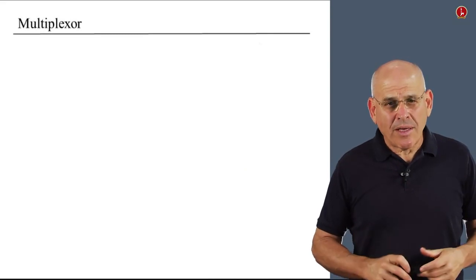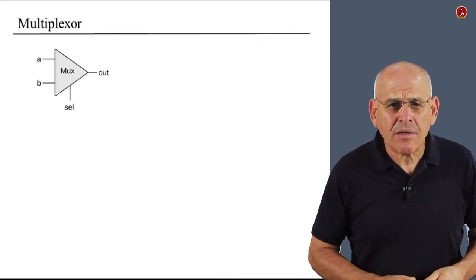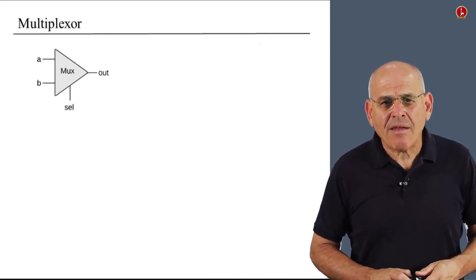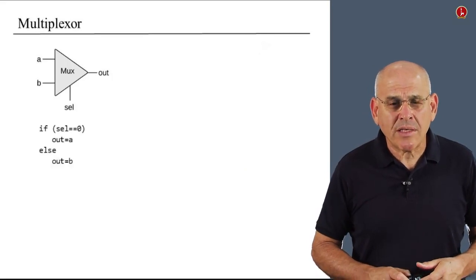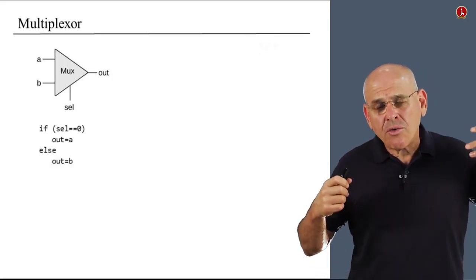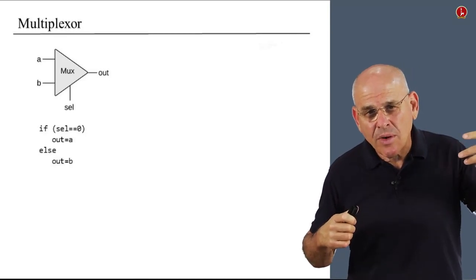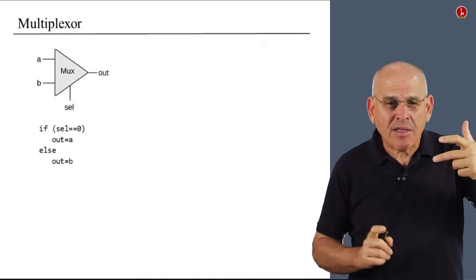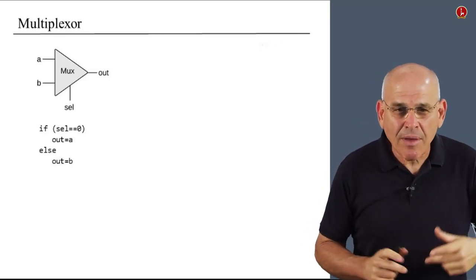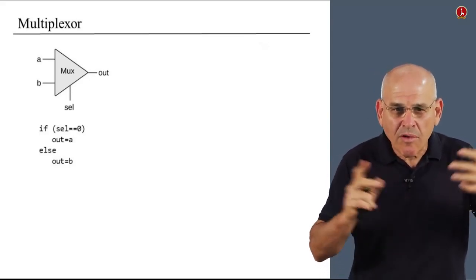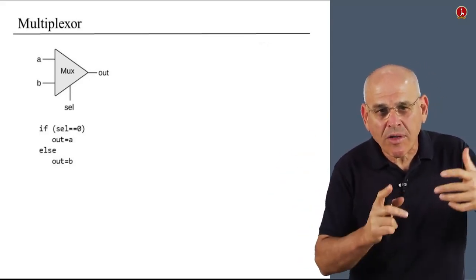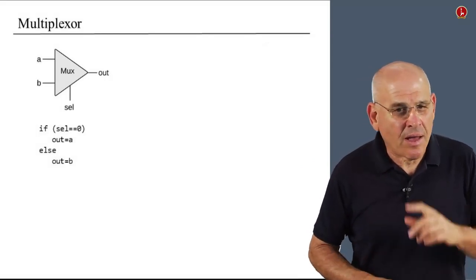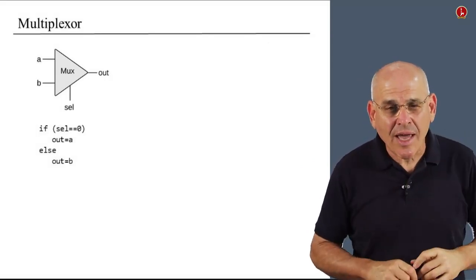So what is a multiplexer? A multiplexer is a gate that operates as follows. There are two inputs coming in, and we denote them A and B, and there's a sel input coming in, so-called, from the bottom. Of course, in reality, there's no bottom and left, but I'm talking about this gate diagram here.